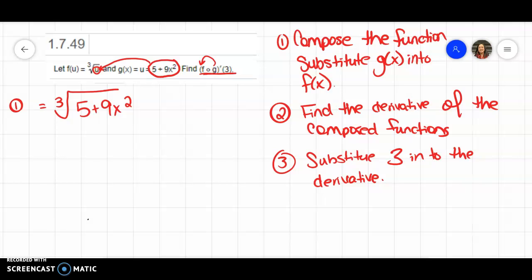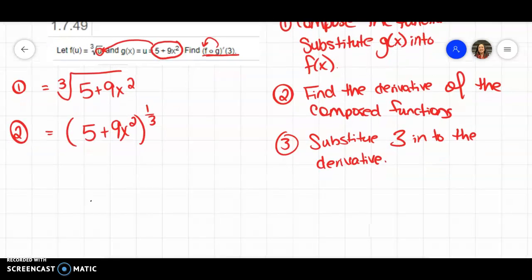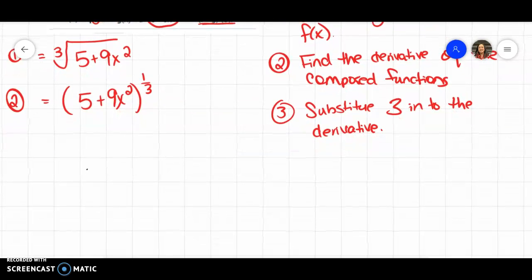So that is my first step, super simple. I substituted. My second step is to find the derivative. Now, I'm going to write this a little bit differently. I'm going to take that cube root and write that as an exponent, as 5 plus 9x squared to the 1/3 power. And the reason I do that is because I want to use my power rule.